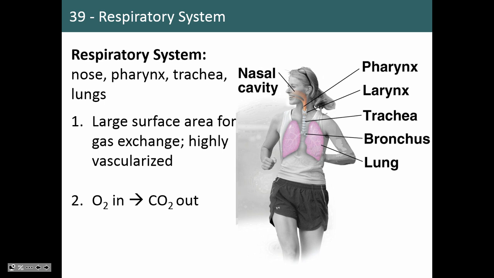In the mammal system, all of this respiratory surface is very intricately tied to the circulatory system so that gas can diffuse directly from the respiratory system into the circulatory system and directly back to the respiratory system to exhale waste gases.